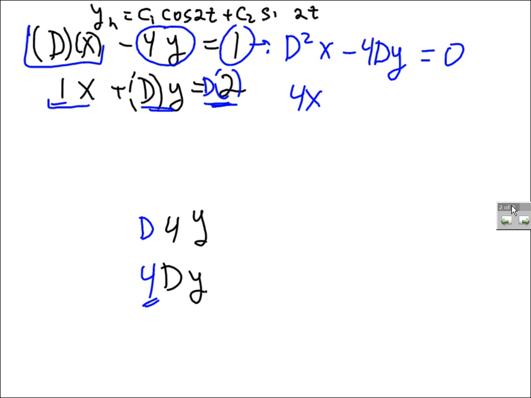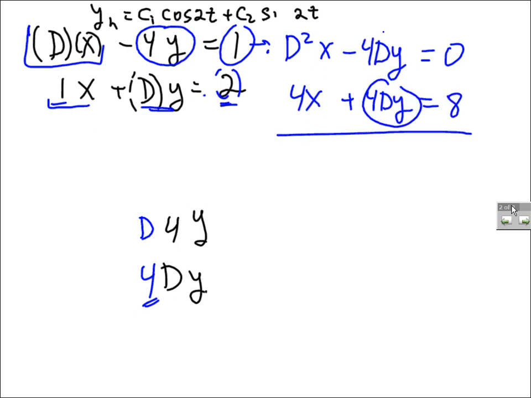I'm going to get 4x plus 4 times the derivative of y equals 8, since I multiply the right side by 2. So these are my two equations.